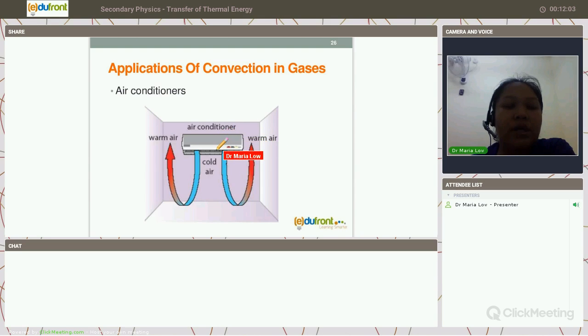This cycle will repeat itself, and this is the convection current set up for an air conditioner. If you compare the air conditioner to the heater previously, heaters are always installed near ground level, whereas air conditioners are always installed near the ceiling.